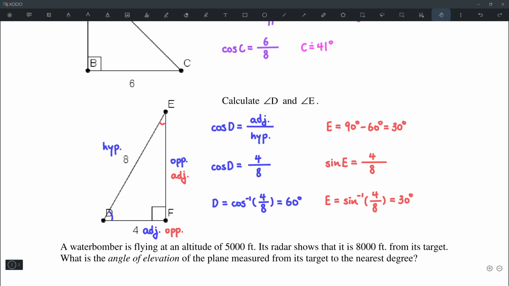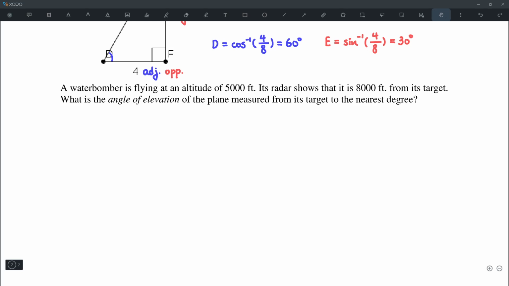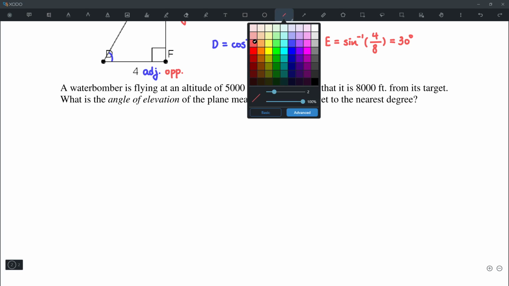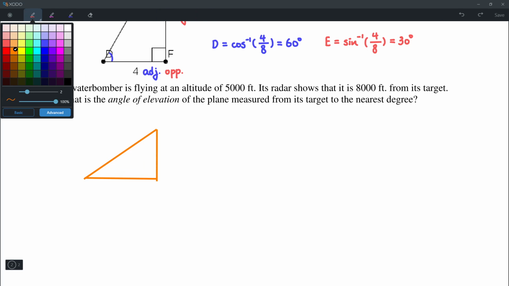Okay. Let's look at one more example. So a water bomber is flying at an altitude of 5,000 feet. Let's go ahead and draw a diagram of that, 5,000 feet. The water bomber is 8,000 feet from its target. So we should have a right triangle that looks like this.